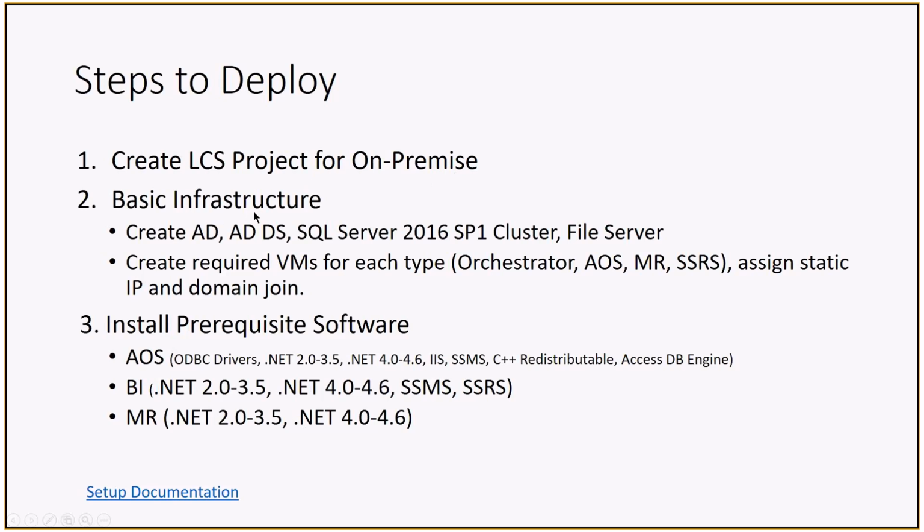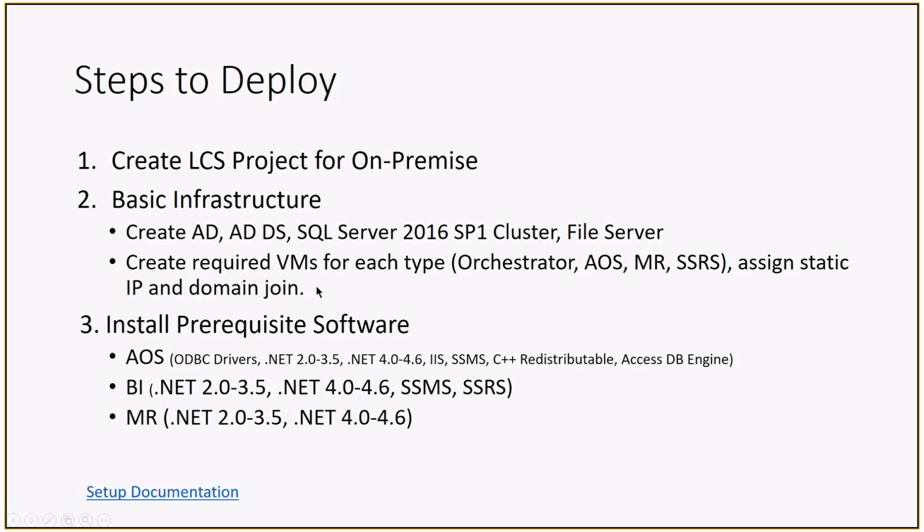Then you will need some basic infrastructure like we saw in the various diagrams: your Active Directory, your domain services, SQL Server 2016 SP1 cluster, and a file share. So talk to the customer and see what is already there, and what things you will have to install to get at least the basic stuff up and running.